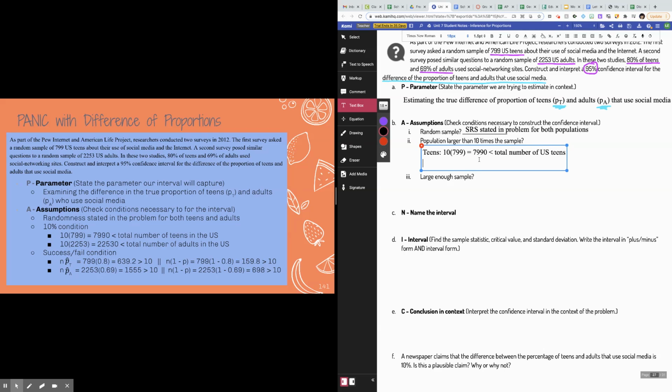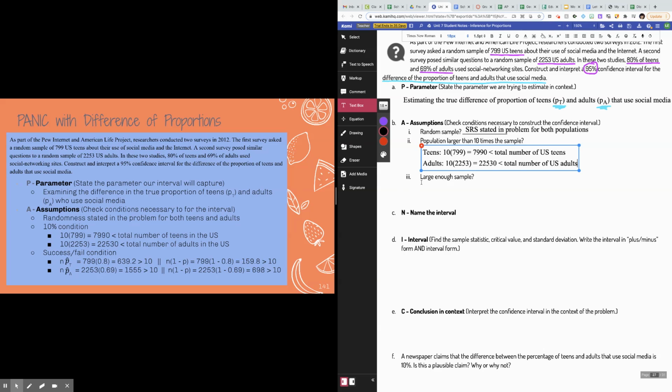That's less than the total number of US teens like in the city of Las Vegas, right? And then I'm going to do the same thing for the adults. Okay, so 10 times their sample size, which is much larger, 2,253. Okay, so that's 22,530. But again, definitely less than the total number of US adults.